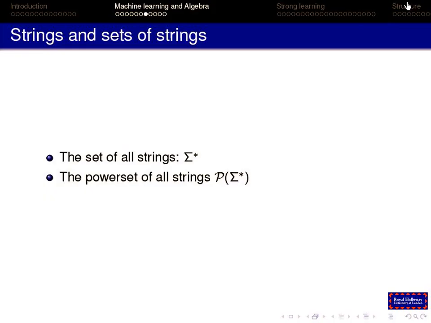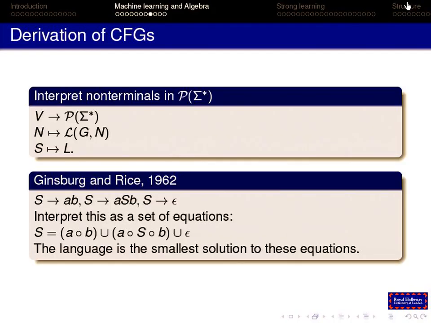Now, one of the ways we can use this structure is to interpret context-free grammars. So we tend to think of context-free grammars in one of two different ways, either as a machine model using a push-down automaton, or as a rewriting system, or as a system of well-formedness on trees. There's another way, which is due to Ginsburg and Rice, where you have a sort of equational semantics for it, where we interpret each non-terminal as being a set of strings.